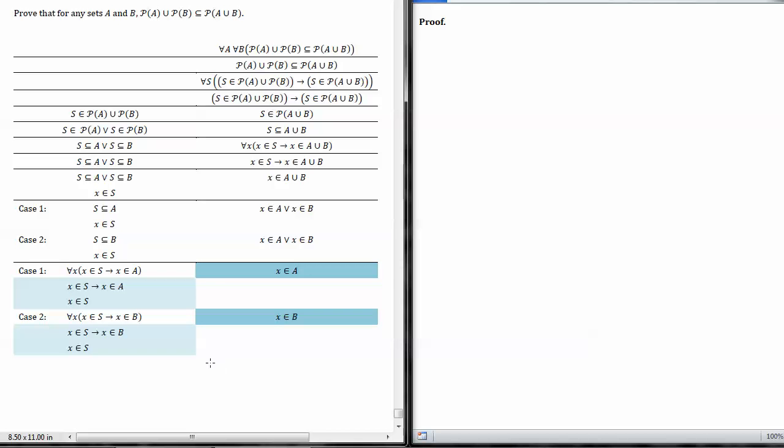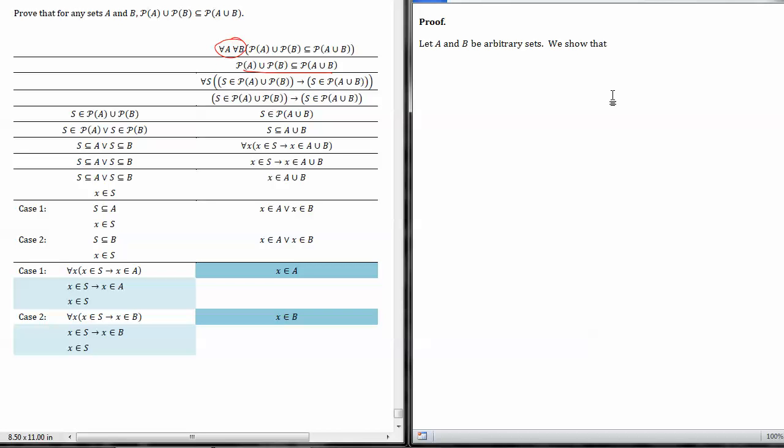So let's try and write that proof up. First thing was to let A and B be arbitrary sets. And we're going to try and show that statement. So we will say let A and B be arbitrary sets.